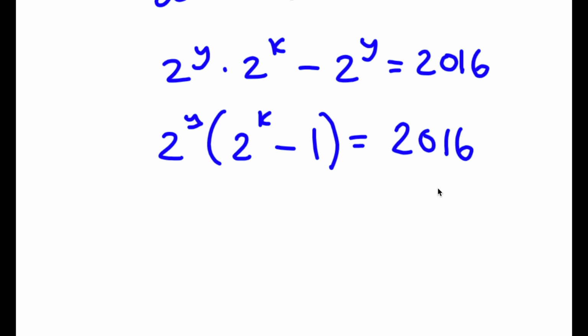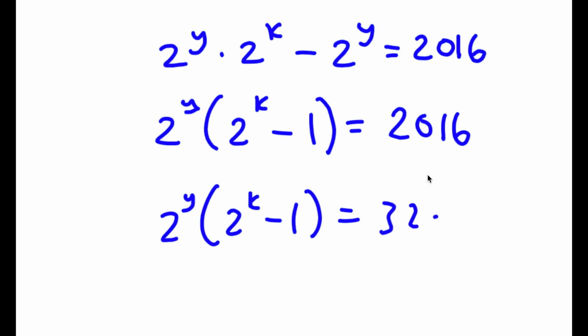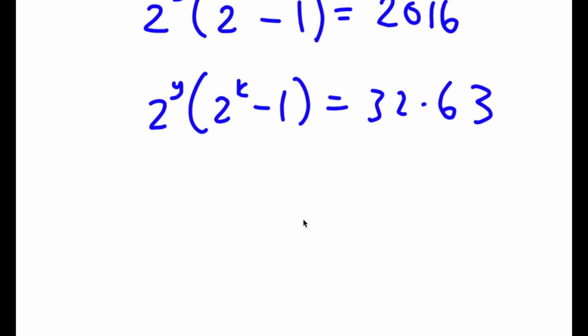Now I can rewrite 2016 as 32 times 63. And now notice that I have an even number times an odd number. And over here, I have an even number, 2 to the power of y, since 2 to the power of any number is even, and I have an odd number, since 2 to the power of k is even and an even number minus 1 is going to be an odd number.